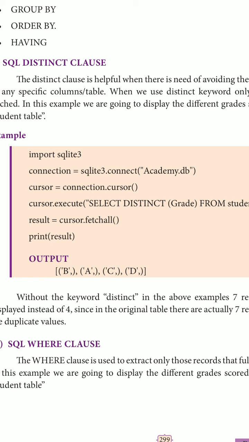So in a class, more than 10 students may have got grade B, but it provides only one grade B, which is shown in this output.